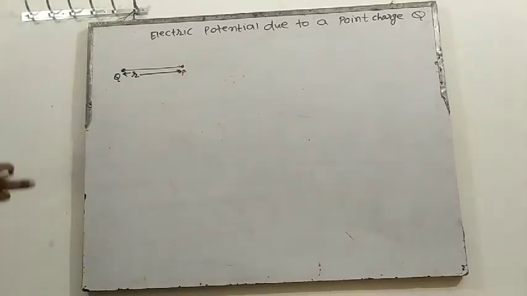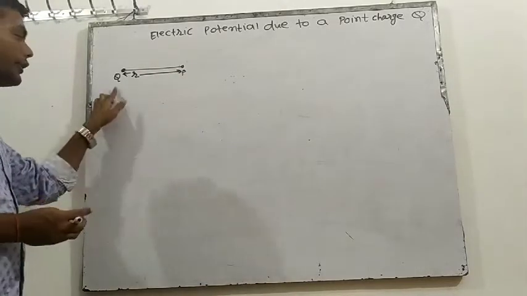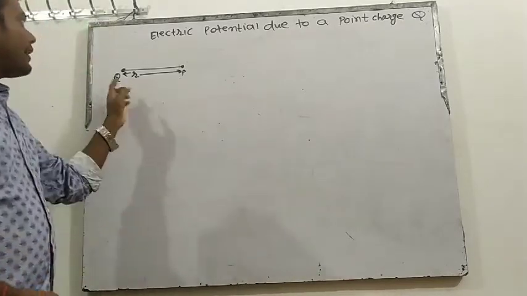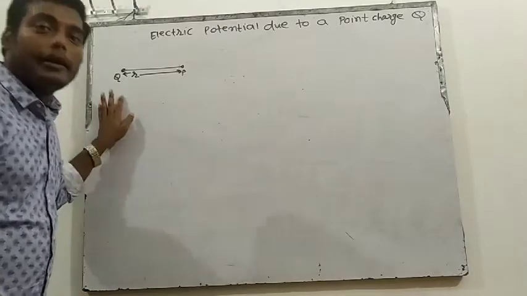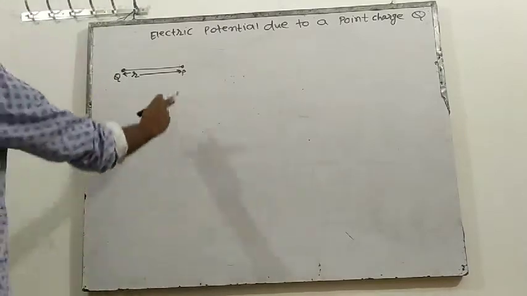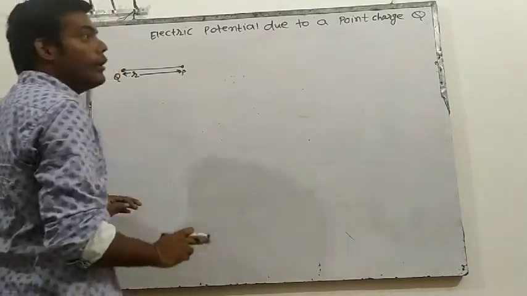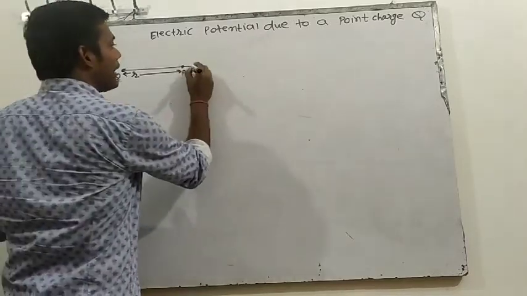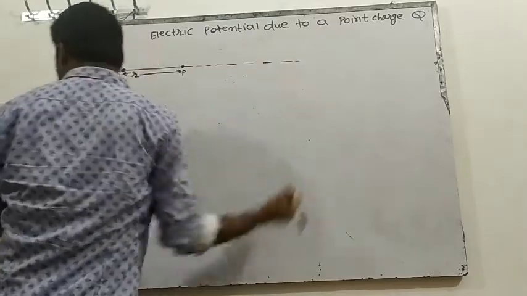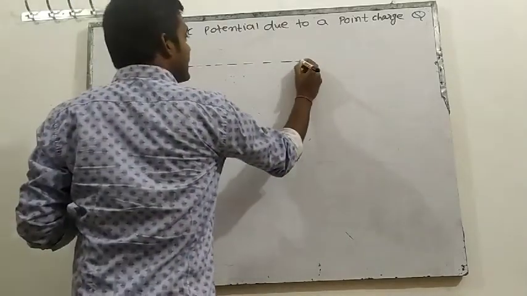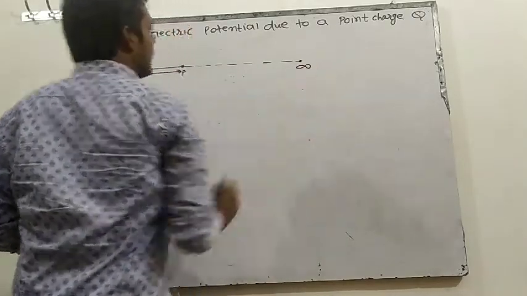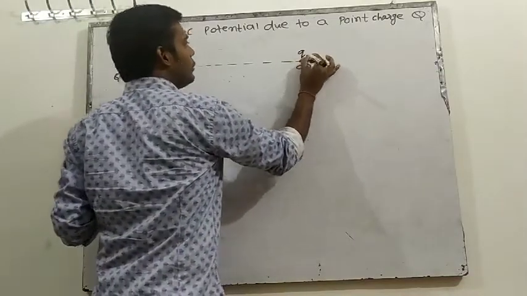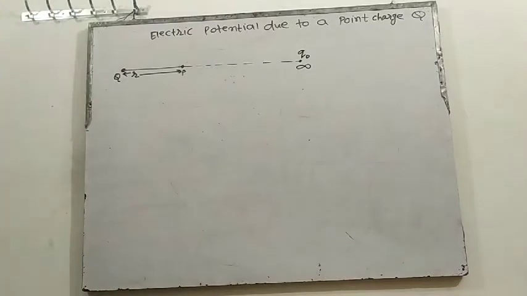We have taken a source charge capital Q, and there is a point P kept at a distance r from it. We want to find the electric potential at point P. For this, first I will take a test charge at infinity. Let's say this is infinity, and at infinity I am taking a test charge Q naught.